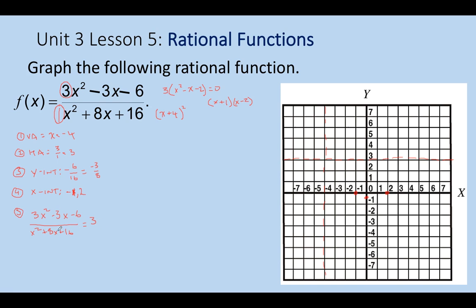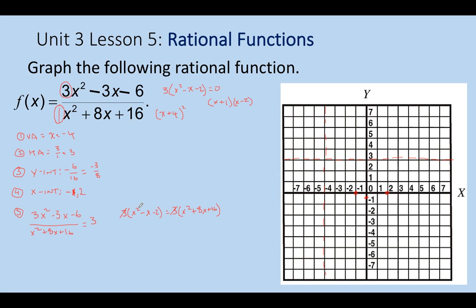So to solve this for x, I'm going to multiply the denominator here by 3. So that's going to leave me with, I'm going to factor out the 3 out of the numerator again. So I'd have 3, and then x squared minus x minus 2 is equal to 3 times x squared plus 8x plus 16.